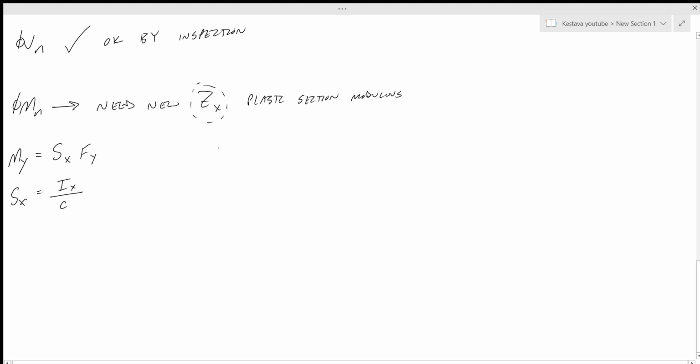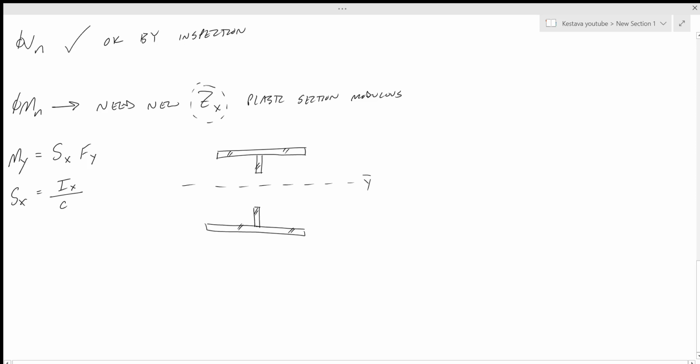And our new section, so all of these Z's and S's and I's that we had tabulated before in the steel manual, well, now we have a brand new section that's sliced up. So we can't just take those values anymore, so we need to calculate them ourselves, which sucks.